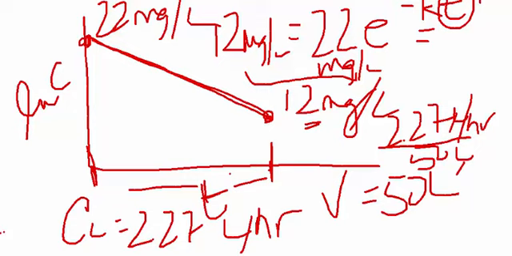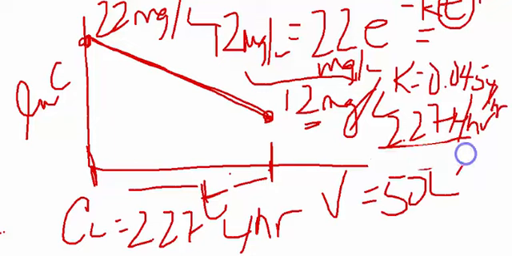That's what we want, right? So 2.27 divided by 50. So our K is going to be 0.045. You can put the other 4 on there if you want, per hour.